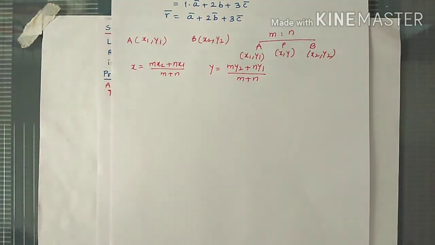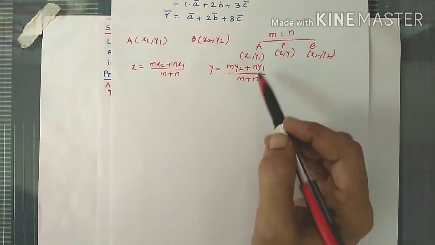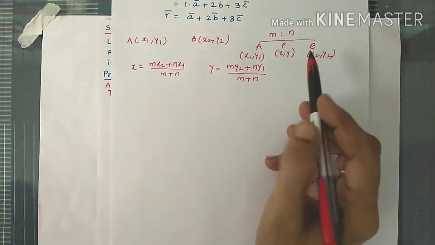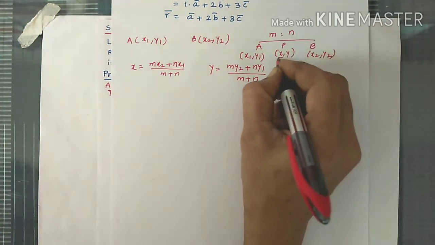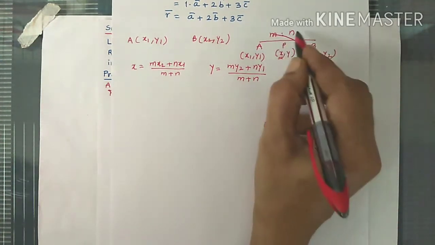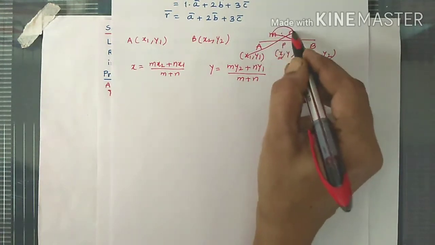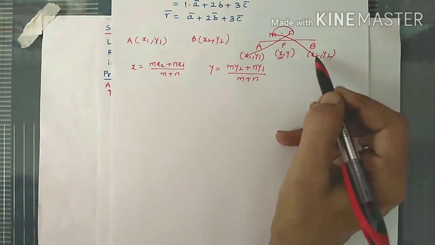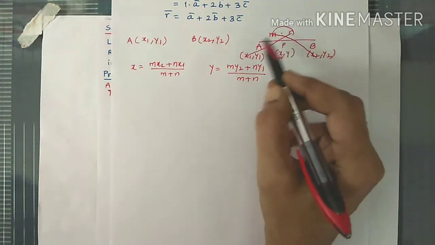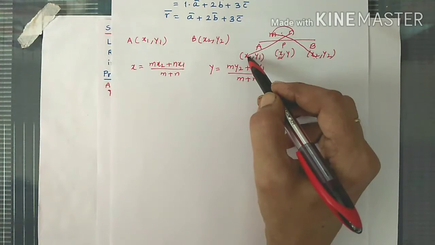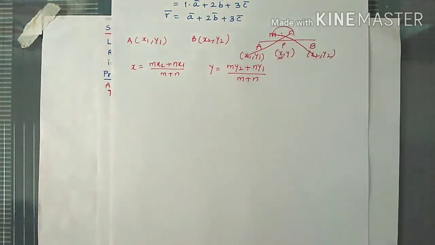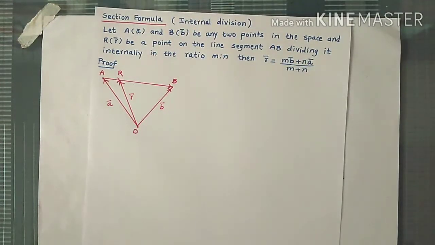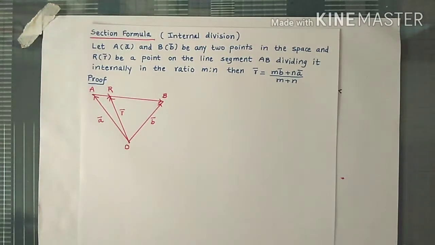Now we have to prove section formula in terms of vectors. Let's learn this formula again. So what we have is x coordinate is mx2 plus nx1 divided by m plus n. So m into x coordinate of the final point plus n into x coordinate of initial point divided by m plus n. In vectors also we have the same formula, but only thing is in terms of a bar and b bar.